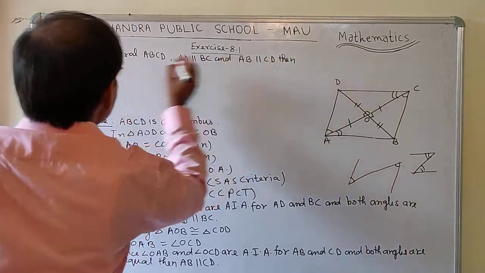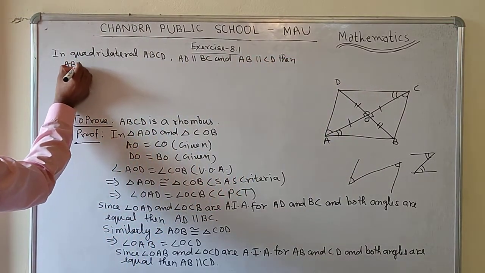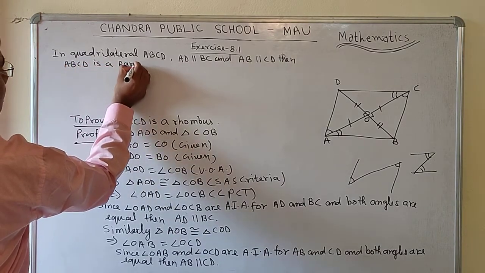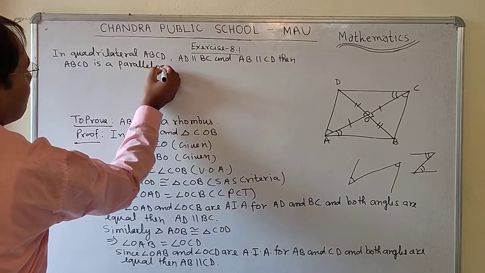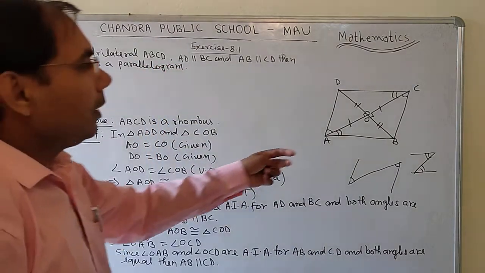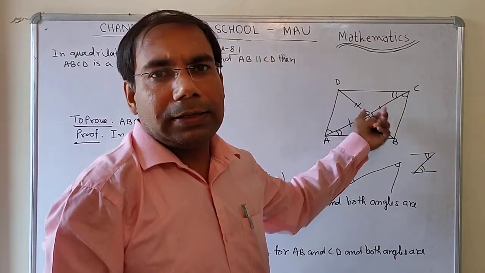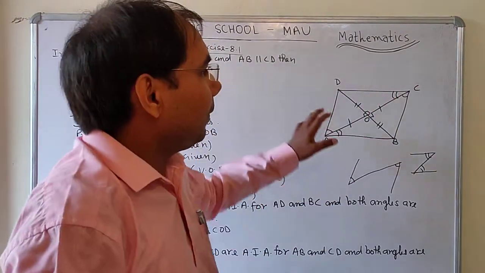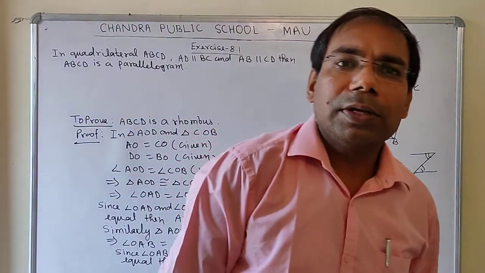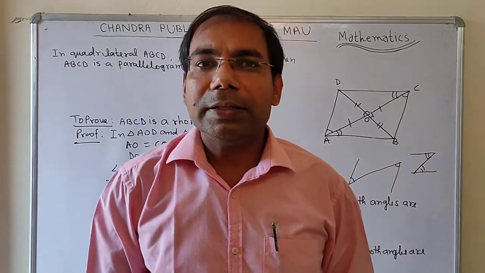Then ABCD is a parallelogram. So here I have proved that in the very beginning ABCD was given a quadrilateral, and here I have proved that ABCD is a parallelogram. But in the question you need to prove that ABCD is a rhombus.